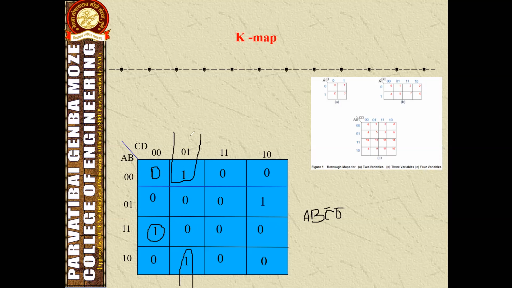So this and this we can consider as a group. See what are the values here: 1 0 and 0 1. So 1 0 and 0 1, which one is the same in both? So we have to choose the first one.